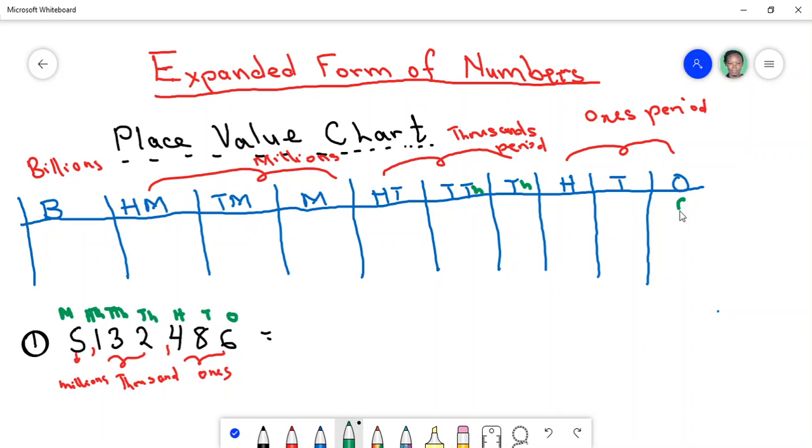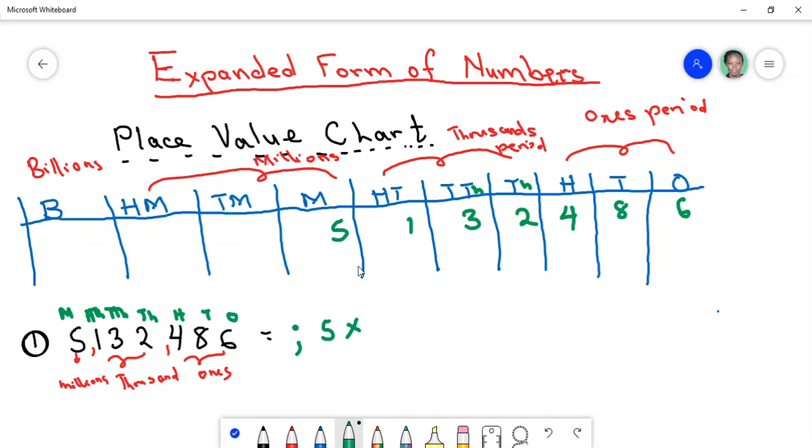So I have 6, 8, 4, 2, 3, 1, 5. If I want to find the place value for each of the numbers, let me do this. You realize that I have 5 in the millions.